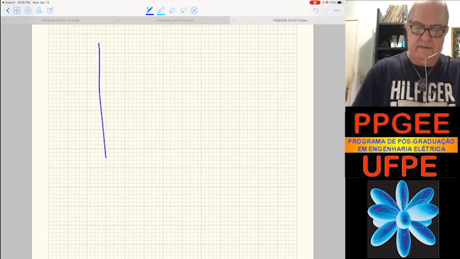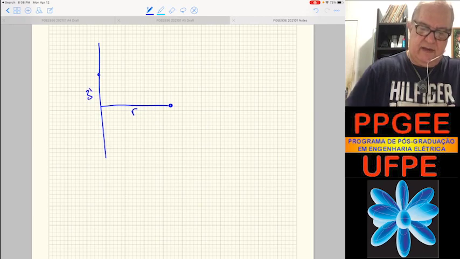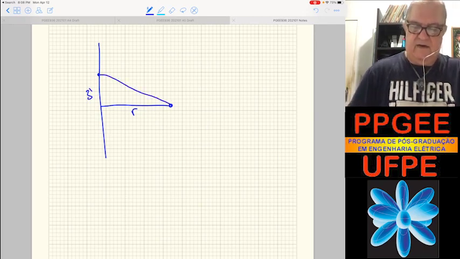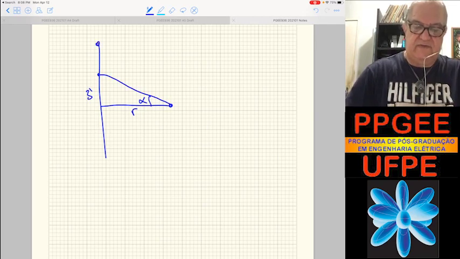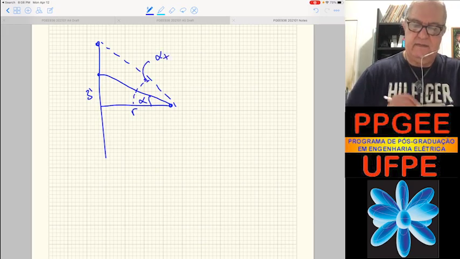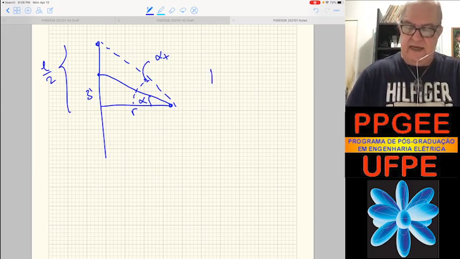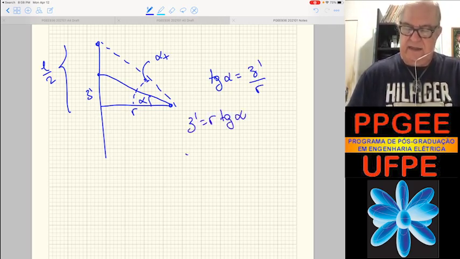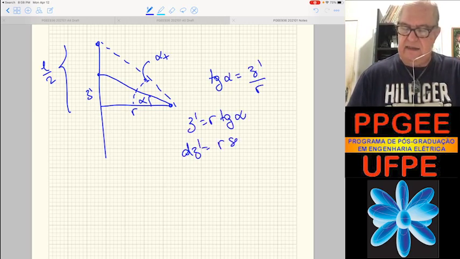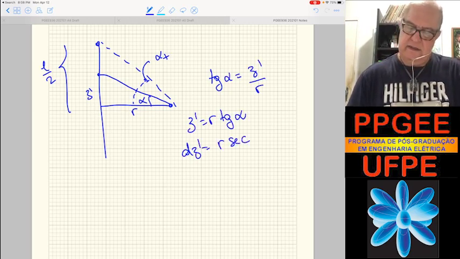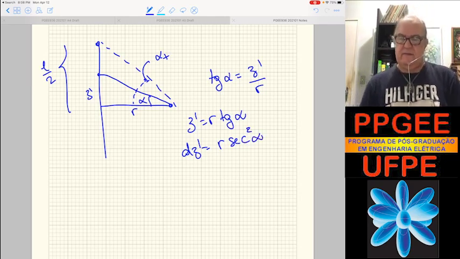We have r, a point z prime, and alpha is this variable angle that goes to a maximum value alpha plus, which I showed at the beginning, when this length is L over 2. So tangent of alpha equals z prime over r. I make that substitution: z prime equals r tangent of alpha, and dz prime equals r secant squared of alpha d alpha.